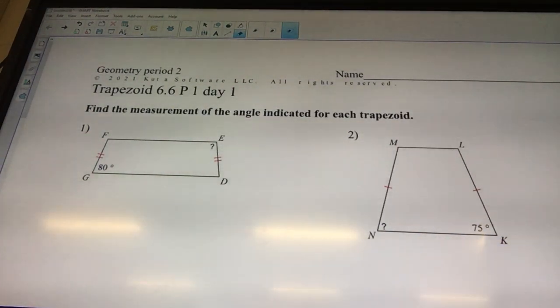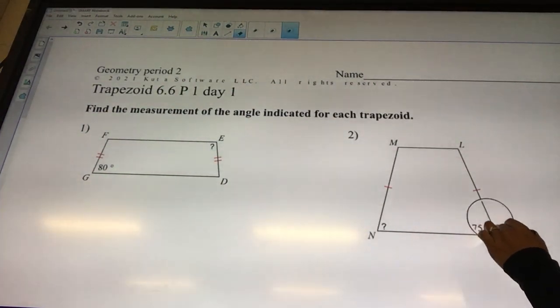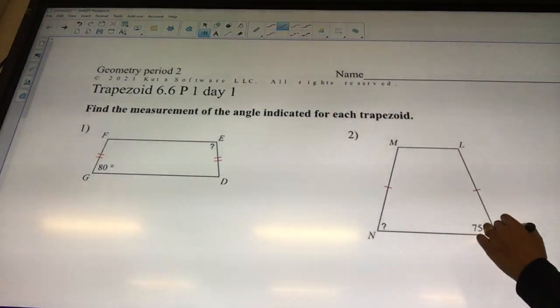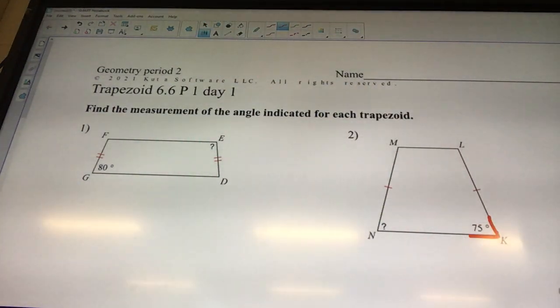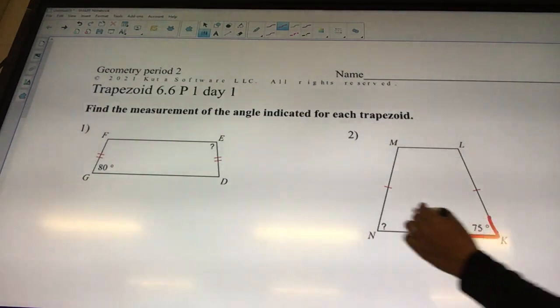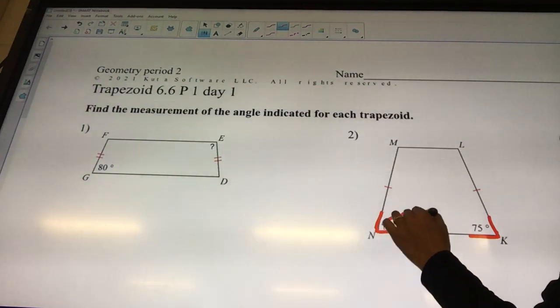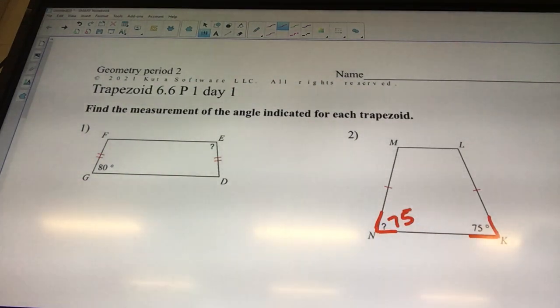So some of these have properties to where you can clearly see what they are. If I'm looking at number 2 right now, you can clearly see that that angle is about that big, right? This one looks about the same angle, and it is, okay? This one is also 75. It's an isosceles trapezoid, okay?